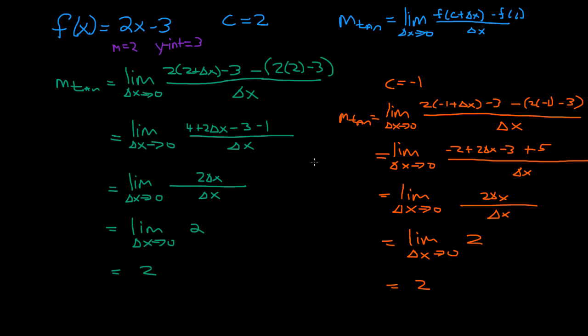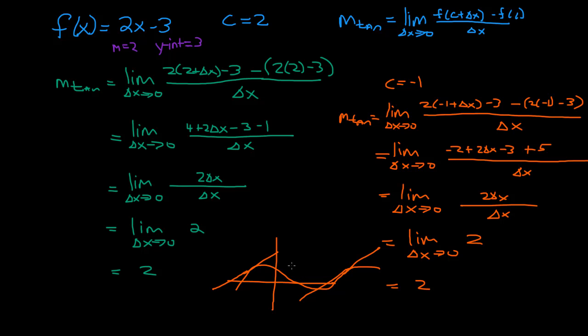Now, you might have a curve, say like this, where the slope here and here of those tangent lines is the same. But in general, if you just pick two random points, you're not going to have the same slope unless you're dealing with a linear function.